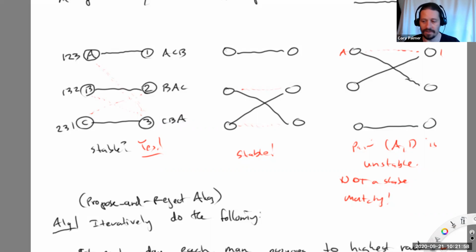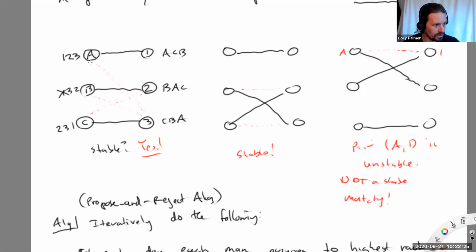After day 1, woman 1 is going to say, well, I reject B, so he is going to cross that off of his list. And 1 is going to tell A maybe, because she got 2 proposals, so she doesn't stop. C proposed to 2, so 2 will also say maybe. So that's day 1. Not much happened.